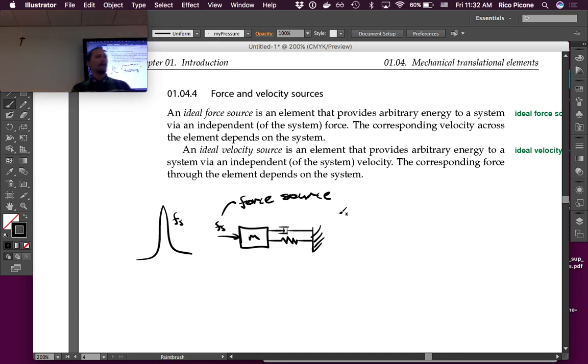Yeah. Generally, when you think of a force being applied to a car or a rocket, the force is being generated by something inside of the system. For example, a rocket would be losing mass. This isn't a good example of that sort of force.